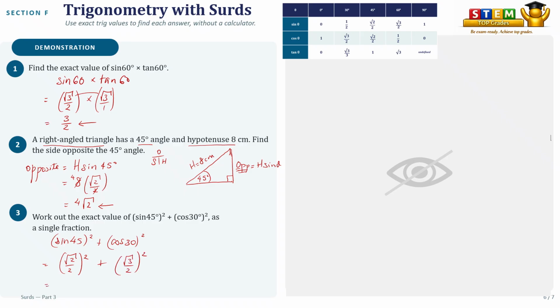For the first one, if you are squaring a square root, the square root cancels out, it gives you a 2 for the numerator, and if you square the denominator, you get 4. The next one is root 3 squared, that gives you a 3, and 2 squared gives you a 4. So altogether, that's 5 over 4, or you can write it as 1 and 1/4, and here's your answer.